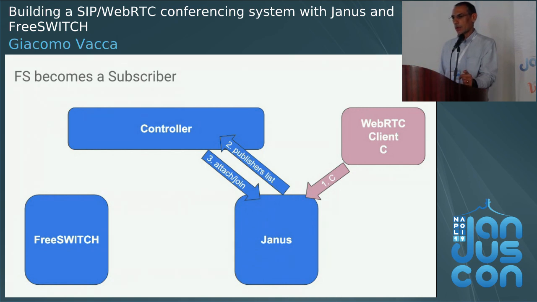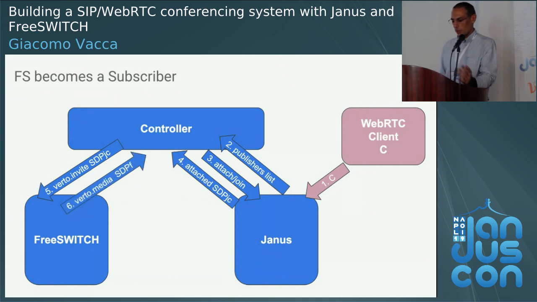So it attaches and joins the room, and as an event it will get from Janus the SDP for this other session, and this will be translated into a Verto invite with that SDP to FreeSWITCH, which will answer with its own SDP, which is then provided in the start room request to Janus.